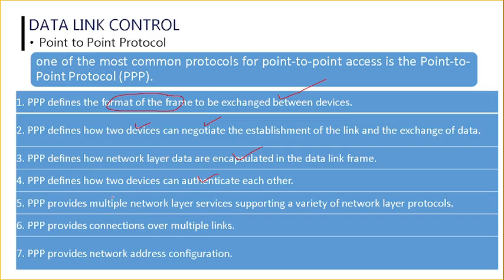It helps in multiplexing, where the data can be transferred to multiple devices at the same time. As I told you, it helps in multi-point connection at a time. And lastly, it helps in network address configuration. So these are a few features or functions of Point-to-Point Protocol.